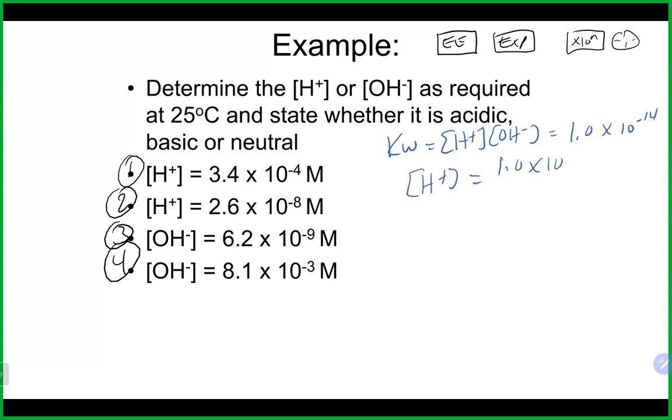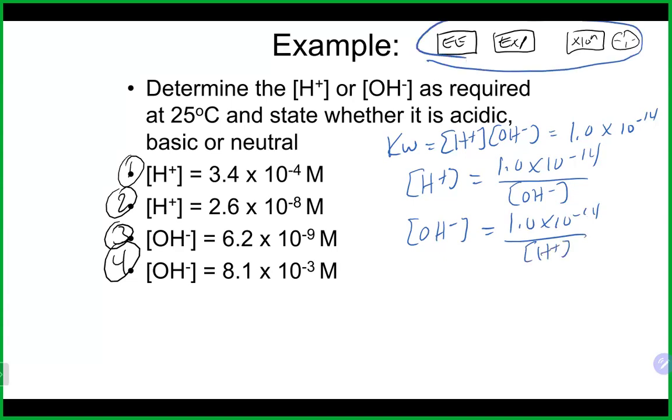You're just going to take 1 times 10 to the minus 14 and divide it by the other concentration. The key on this one is making sure that you put it in correctly into your calculator. Again, a reminder of your exponent button. You want to make sure that you are punching these in correctly.